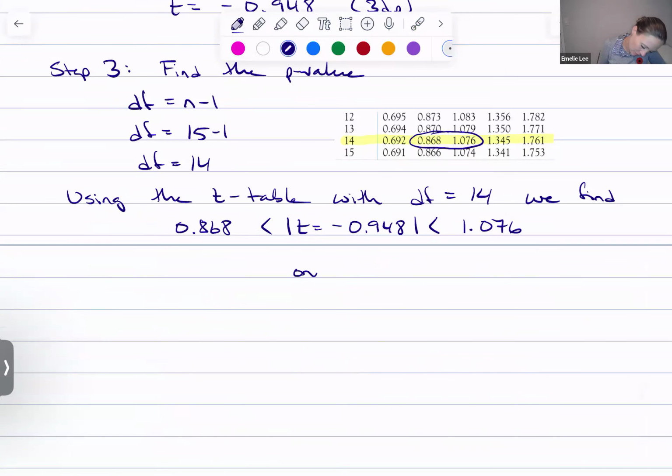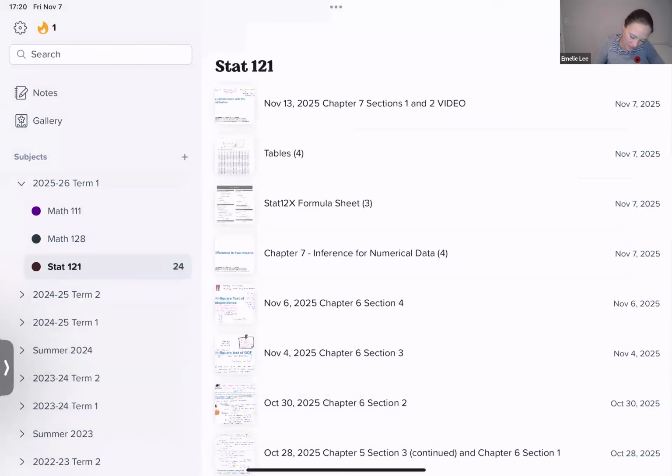So then the one-sided p-value is between two values. Let's see where it is.